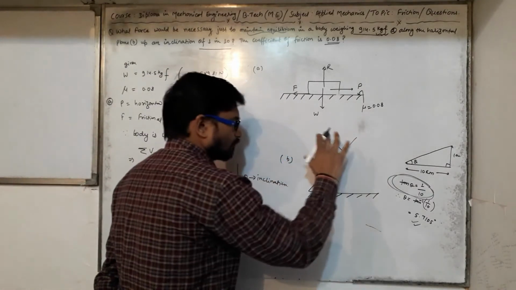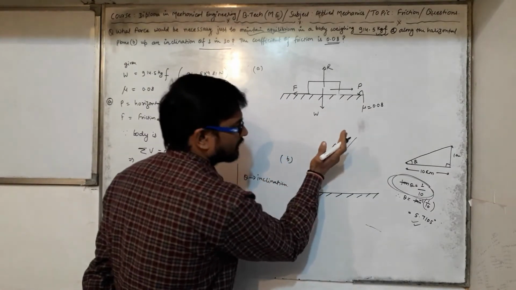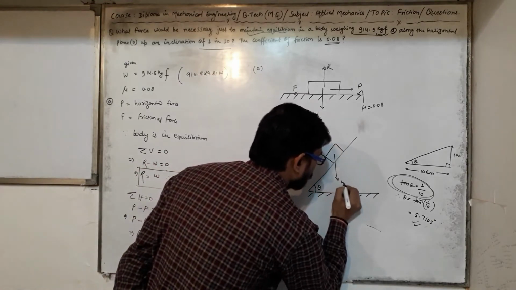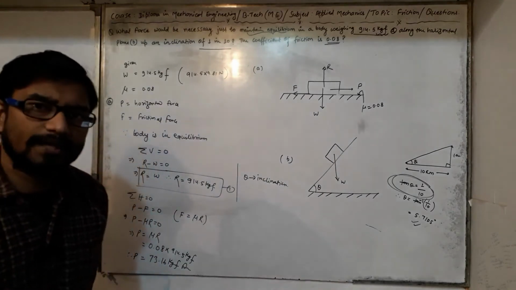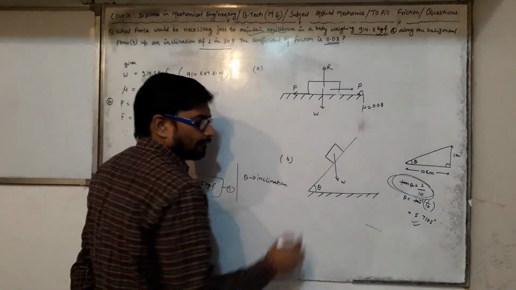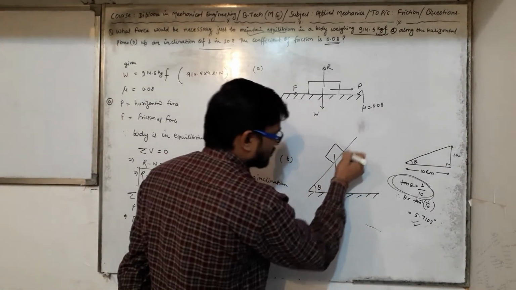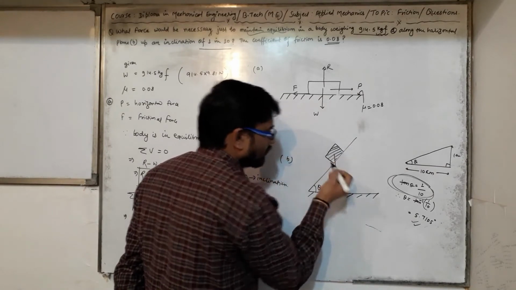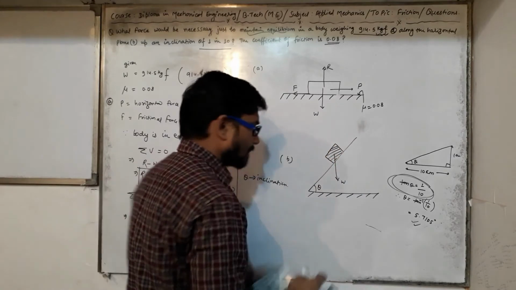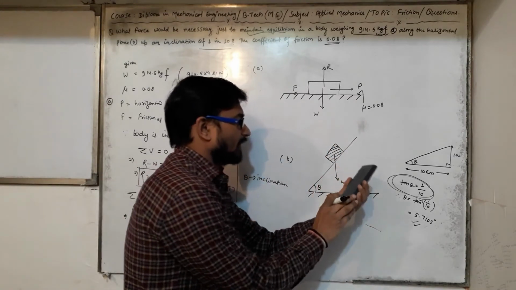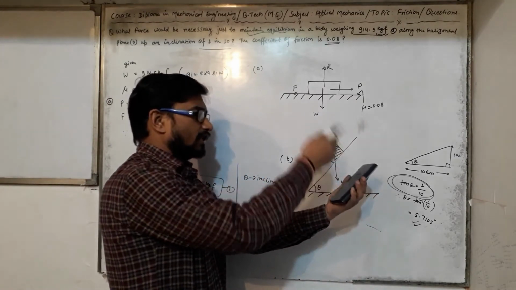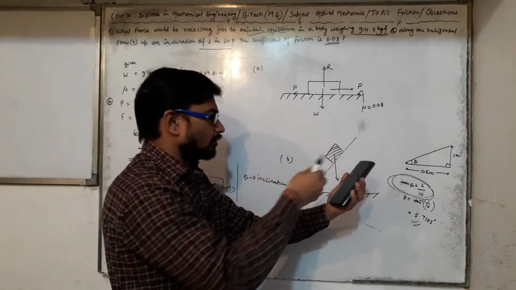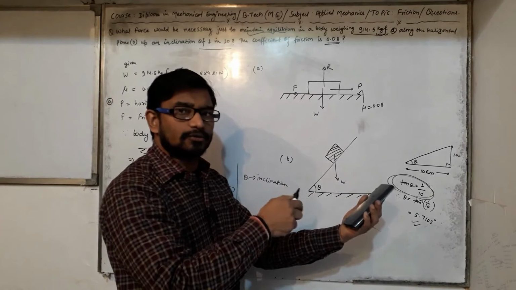The body is kept here on an inclined plane, so the weight W is acting in the downward direction. Now the normal reaction on the body: since the body is kept on an inclined plane, the normal reaction applied by the inclined plane on the body is always perpendicular to the plane.